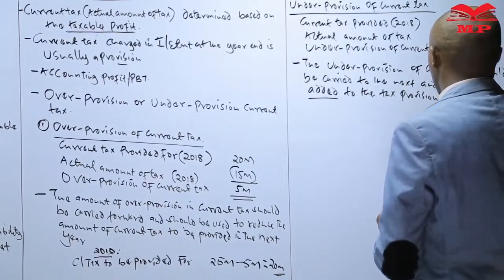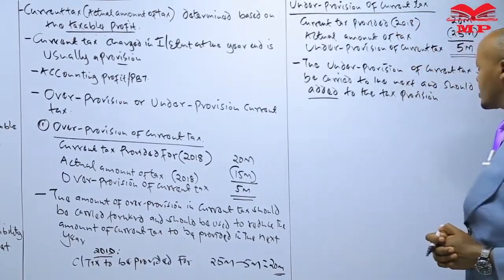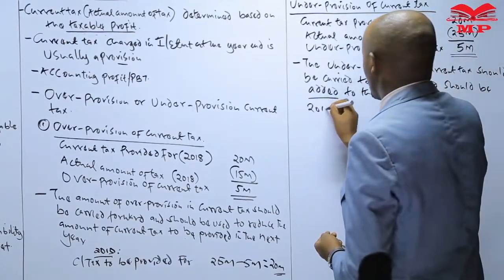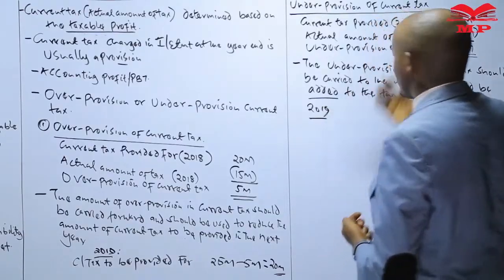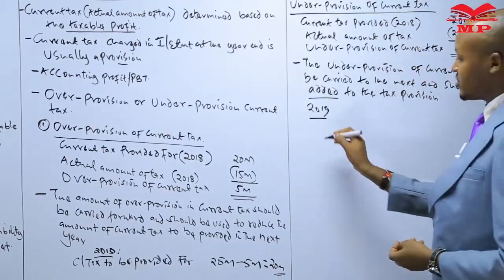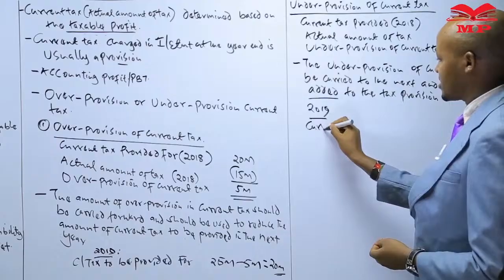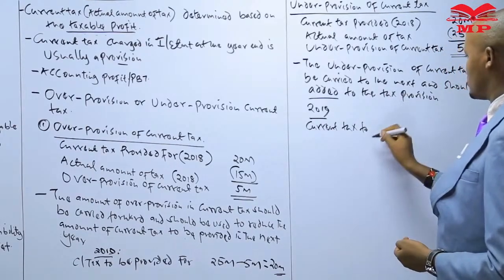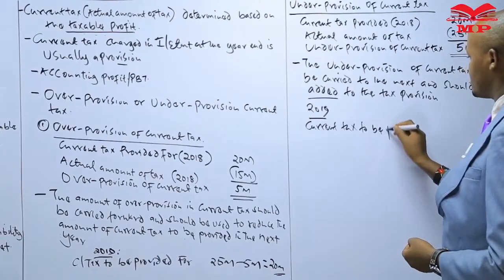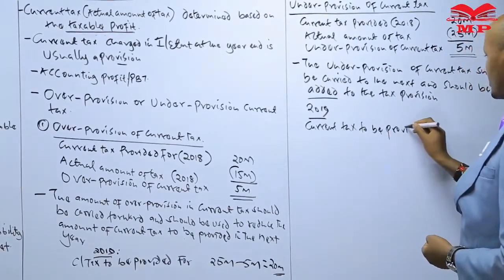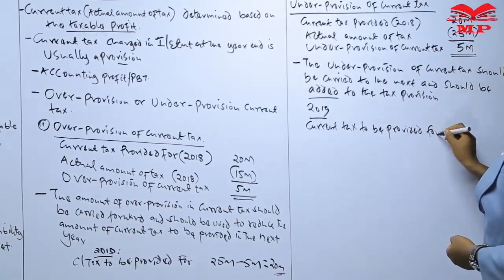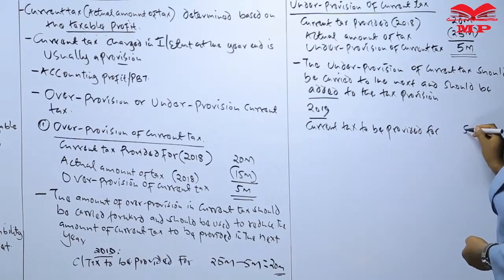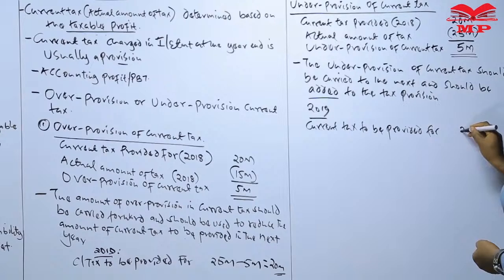in that year. Assuming in the year 2019, which is the next financial year from 2018, the amount of current tax to be provided for is Kenya shillings, maybe 28 million.